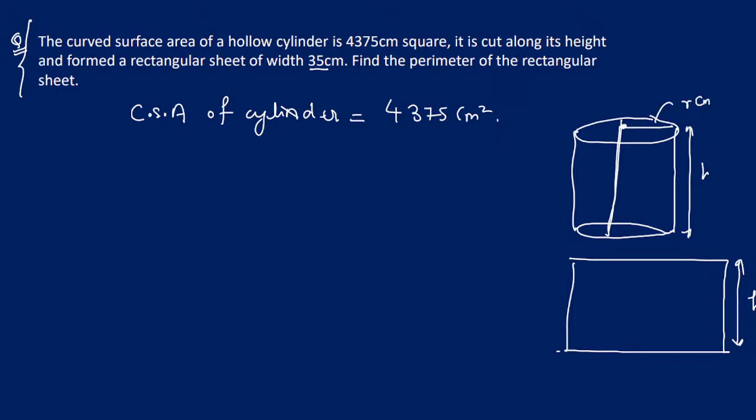If you open this circular base, then it is going to be the length of this rectangular sheet, and length equals 2 pi r, because this is the full circle, and the perimeter of this circle, the circumference, is always 2 pi r. If you cut along its height and open it, you will form a rectangular sheet, and the length is 2 pi r.